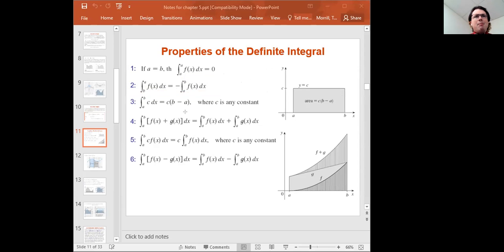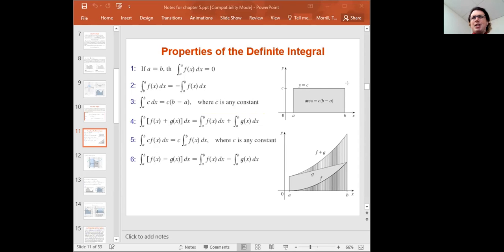This third one looks a little bit complicated. The integral from a to b of the constant function that just produces c for all values of x, dx, is equal to c times the quantity b minus a. And again, c is any constant. Well, that seems like a lot, but this is just the way to describe the area of a rectangle.